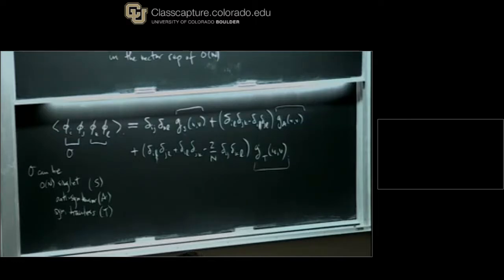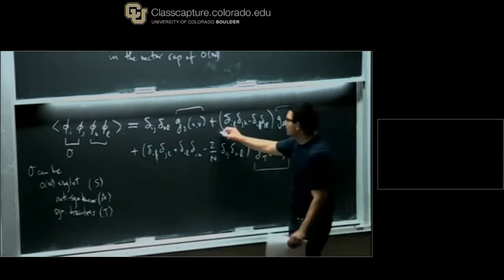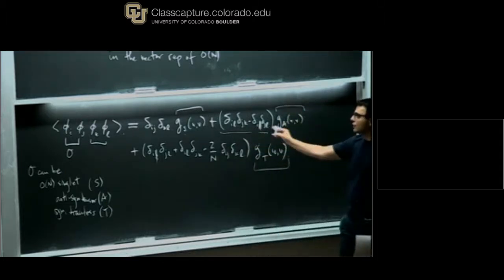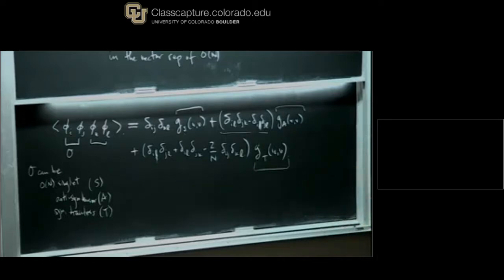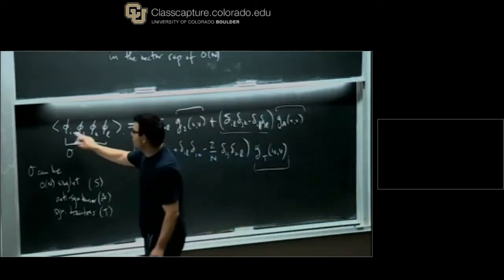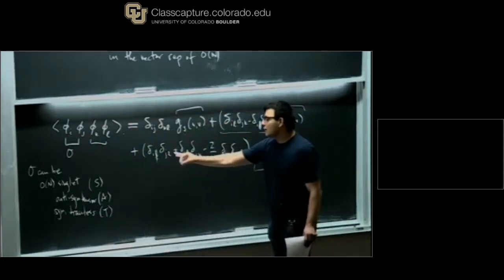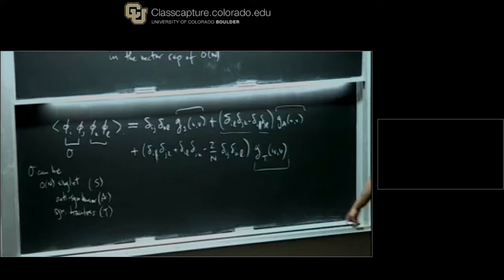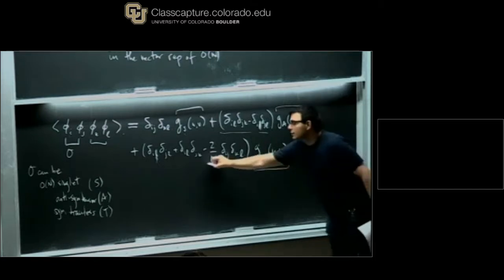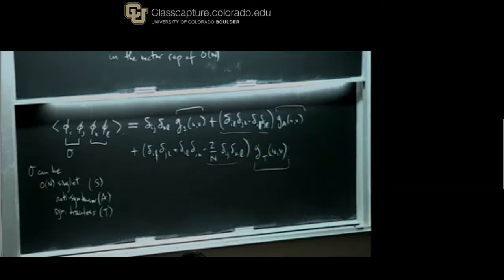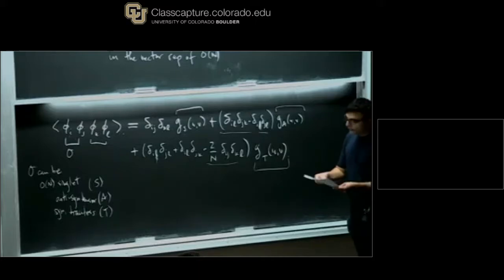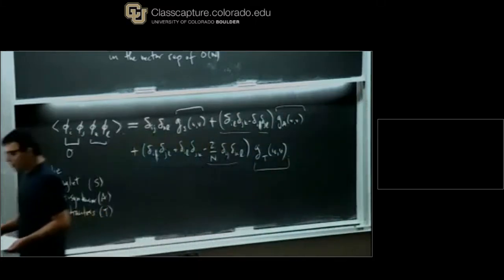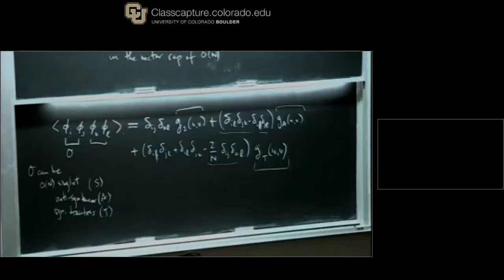You can check, for instance, that this structure is antisymmetric under interchanging I and J, so just antisymmetric tensors contribute when we take this OPE. This one is symmetric under interchanging I and J, and it's also traceless: if we set J equal to I and sum over them, we get 0 because of this term. So this corresponds to symmetric traceless tensors. This is slightly more complicated, but this is how theories with global symmetries are going to be studied.